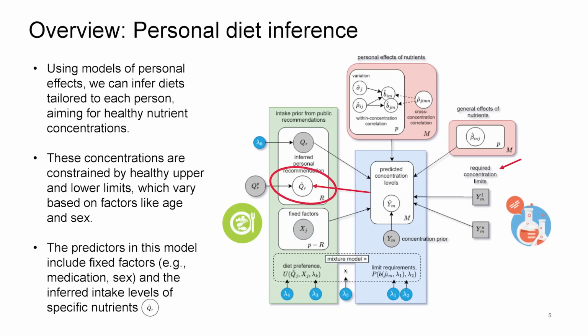And if you look at the graphical model, it is the same thing that we used for predicting the effects, but now we are doing the inference with the same model. And two things happen. First, on the right, we constrain the concentrations to have some lower and upper level for every concentration. And second, the concentration limits vary based on age and sex. So that's a moving target also.